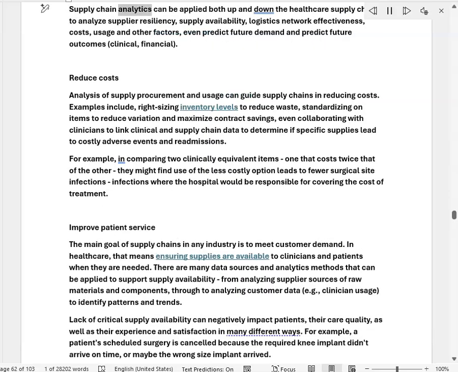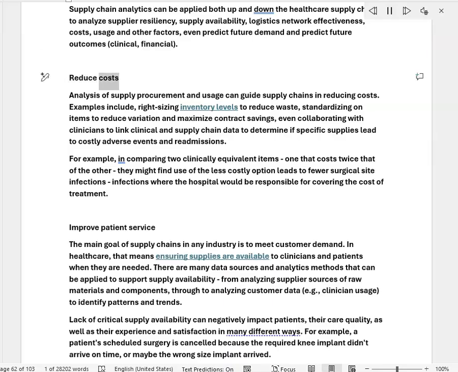Supply chain analytics can be applied both up and down the healthcare supply chain to analyze supplier resiliency, supply availability, logistics network effectiveness, costs, usage, and other factors, even predict future demand and predict future outcomes, clinical, financial.